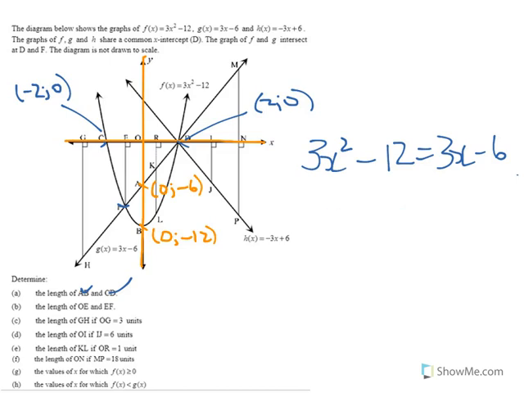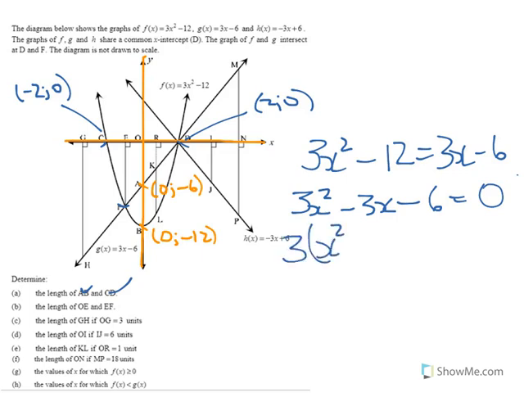So let's move everything to one side. We're going to have 3x squared minus 3x. That's not going to miraculously become a plus. That will still be minus 6 is equal to 0. That's if I've subtracted 3x from both sides and added 6 to both sides.